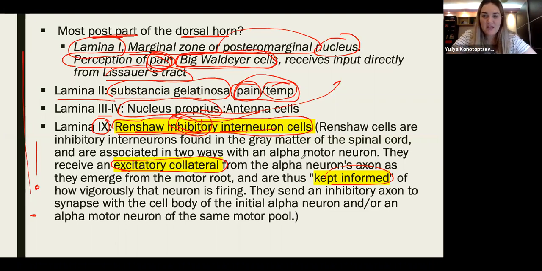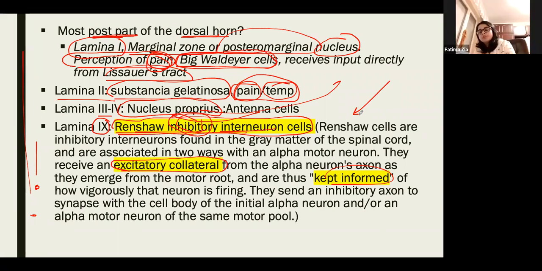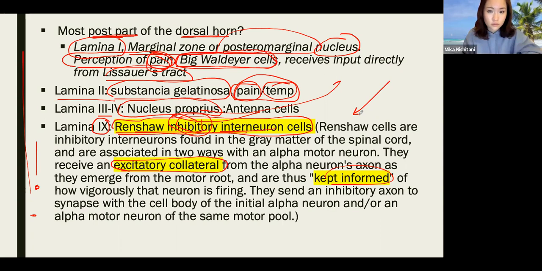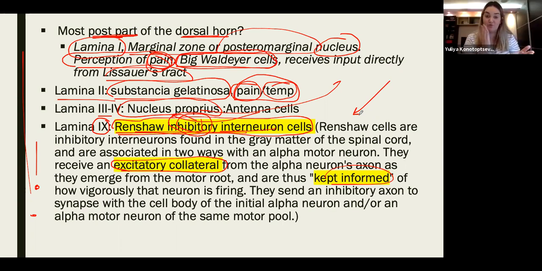And you should add something here for your neuroanatomy. There is a certain disease that inhibits Renshaw inhibitory interneurons. If I inhibit Renshaw inhibitory interneuron, what will happen to my muscles? They keep contracting. And what do we call it when it keeps contracting? Tetanus? Perfect. We call it tetanus. And which disease leads to tetanus?